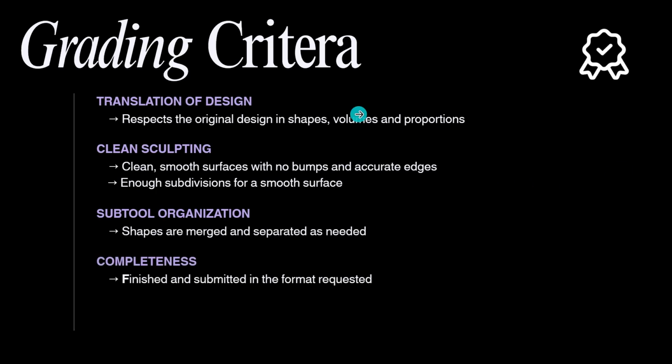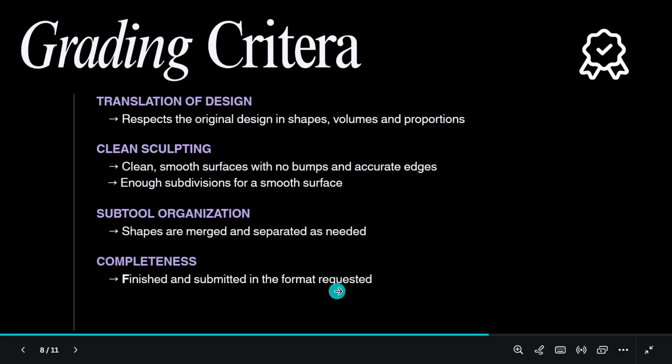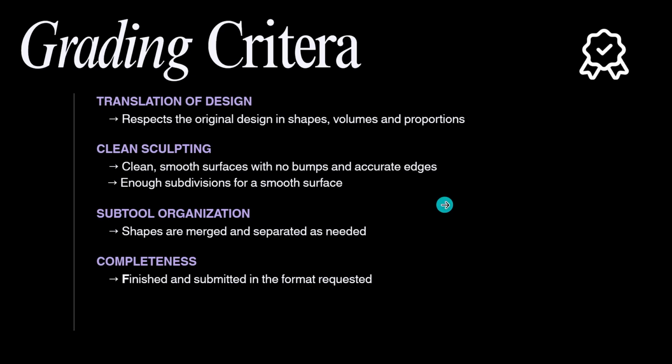And I've included the grading criteria from the very first session here as a slide too, so that you can check if your Pokemon is up to your own standards. So what is important for me is that you pay attention to the concept and translate the design well, so that you have the shapes, the volumes and proportions similar to what is in the concept, as close as possible actually.